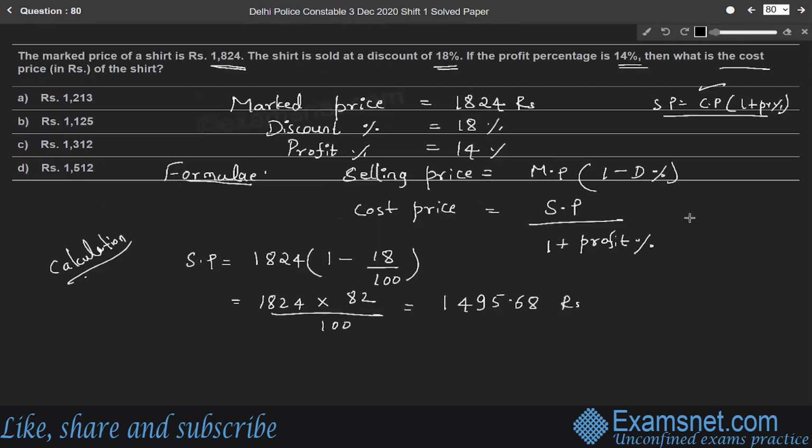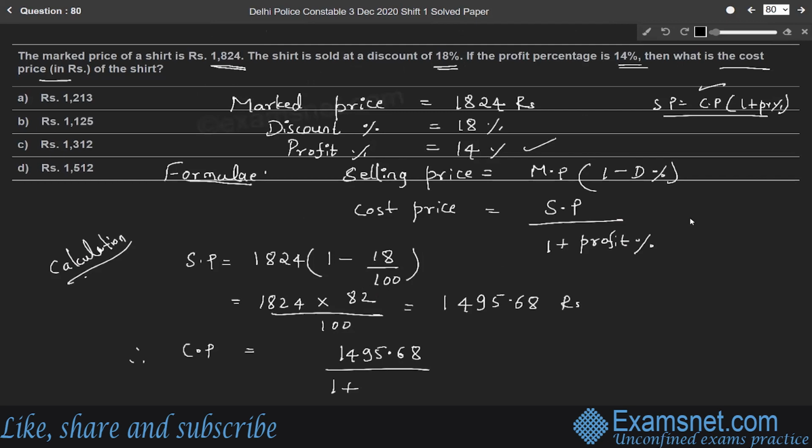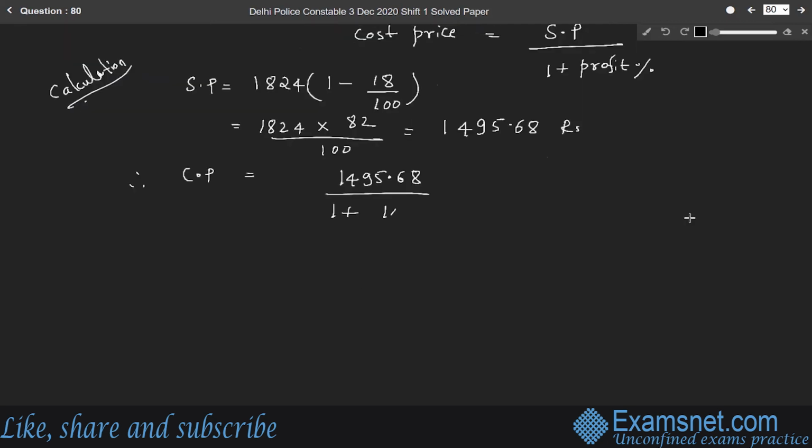So we need cost price of the shirt here. Therefore, cost price is equal to, by formula, selling price 1,495.68 divided by 1 plus what is profit percentage? In the question, it is 14%, right? 1 plus 14 by 100. Therefore, it is 1,495.68 into 100 divided by 114. Right? Simplify it, we will get 1,312 rupees.